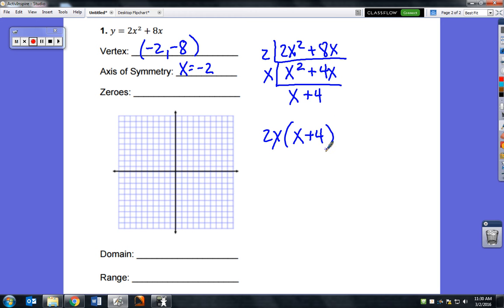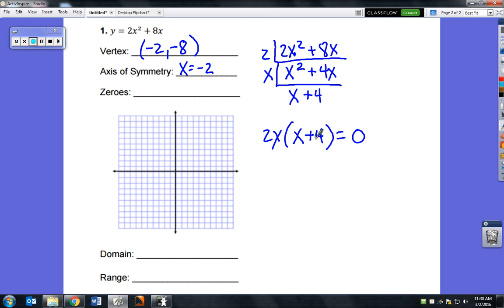To find the zeros, remember that is the same thing as having my function equal 0. So this is our function in factored form. It is the same thing. If I multiplied it out, I would get 2x squared plus 8x. So setting this equal to 0 is going to help us.